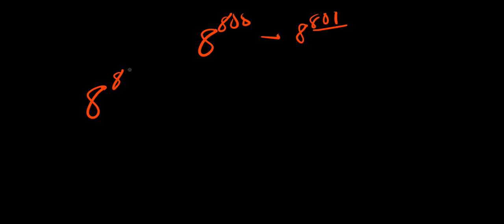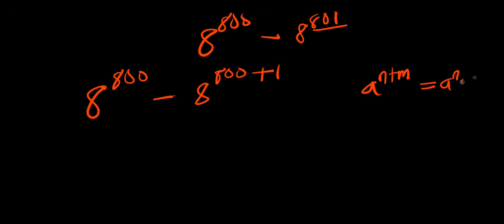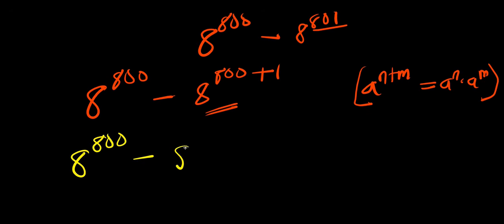This is 8 power 800 minus 8 power, this is 800 plus 1. Remember the identity, a power n plus m equals a power n times a power m. Applying the identity here, we simply have 8 power 800 minus 8 power 800 times 8 power 1.